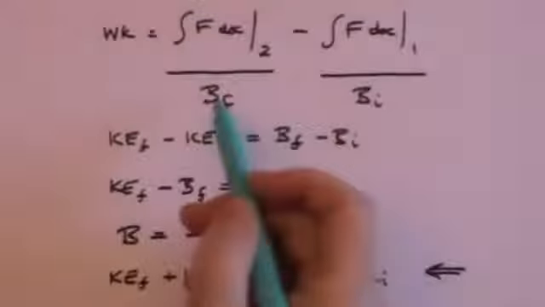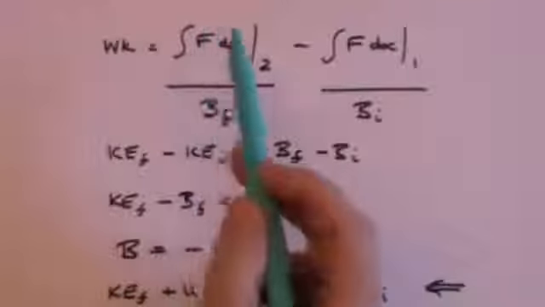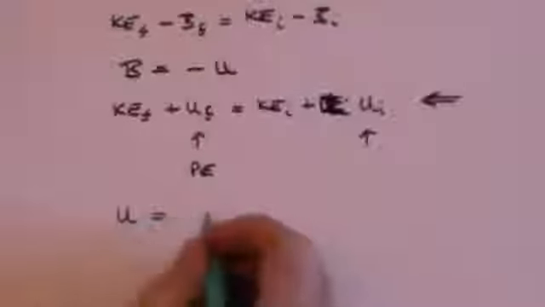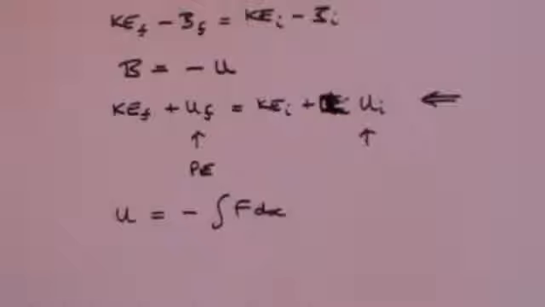But let's just remind ourselves that we let B, which is minus U, be the integral of f dx, which means that U is minus the integral of f dx. So let's just write that down. U is minus the integral of f dx, where f might vary with the distance x.